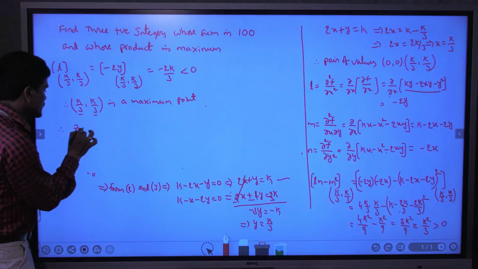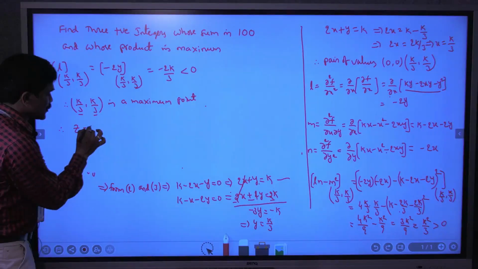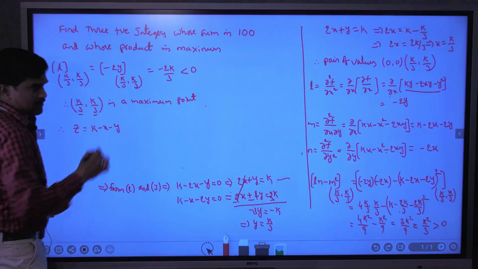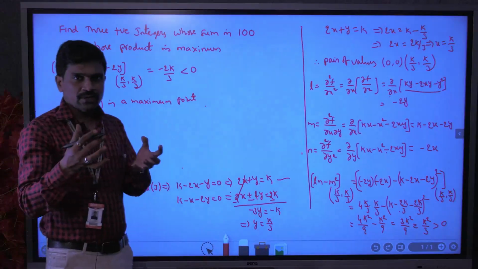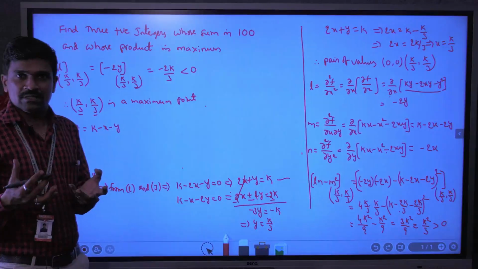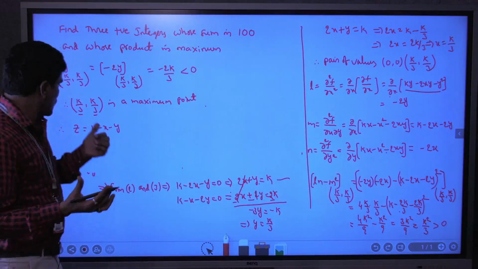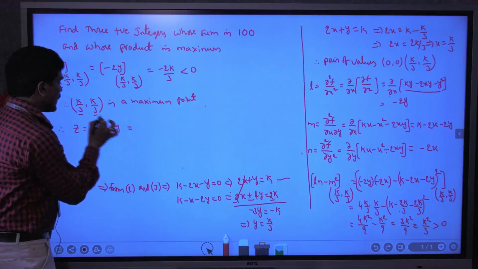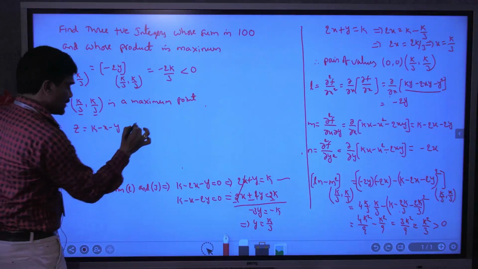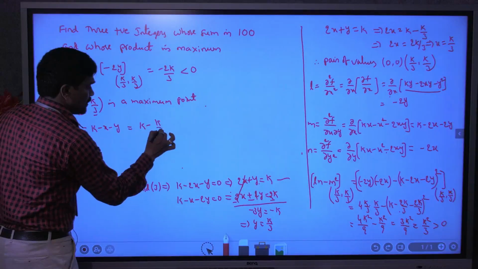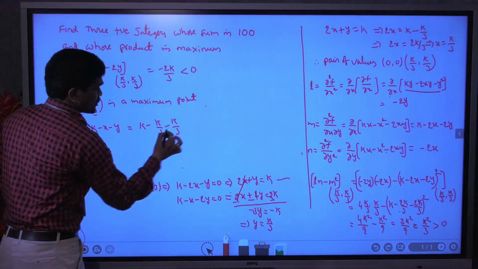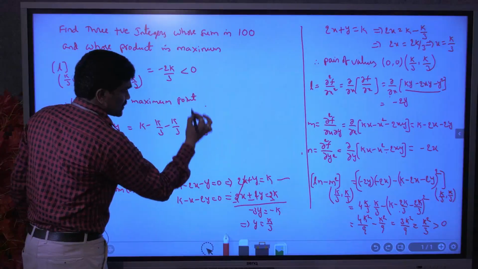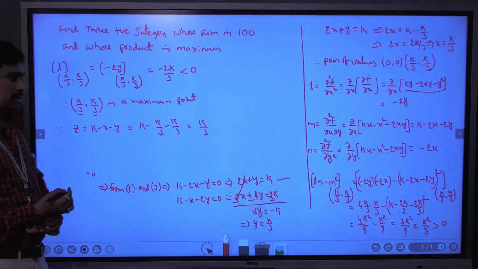Actually z is k − x − y, from the given condition that the sum of the three positive numbers is 100, that is k. So z = k − x − y. Now with x = y = k/3, we get 3k − 2k over 3, so z is also k/3.